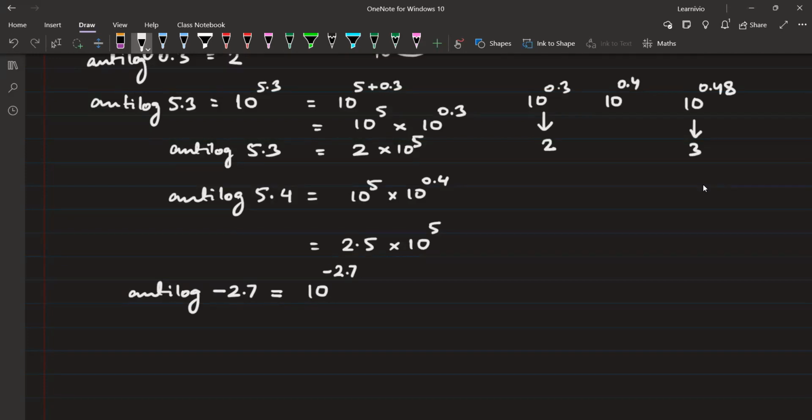Here you have to watch the mathematical manipulation carefully. I will write this as 10 to the power -3 plus 0.3. We have to do this type of manipulation.